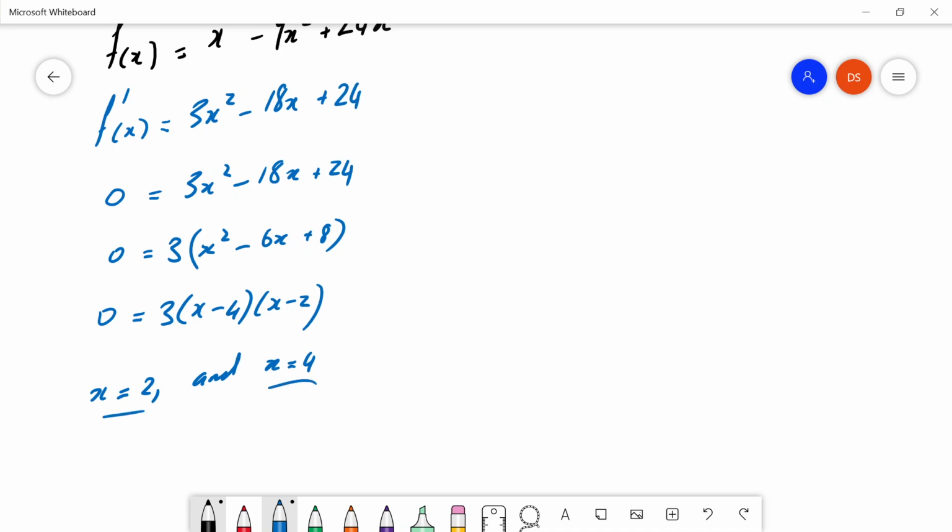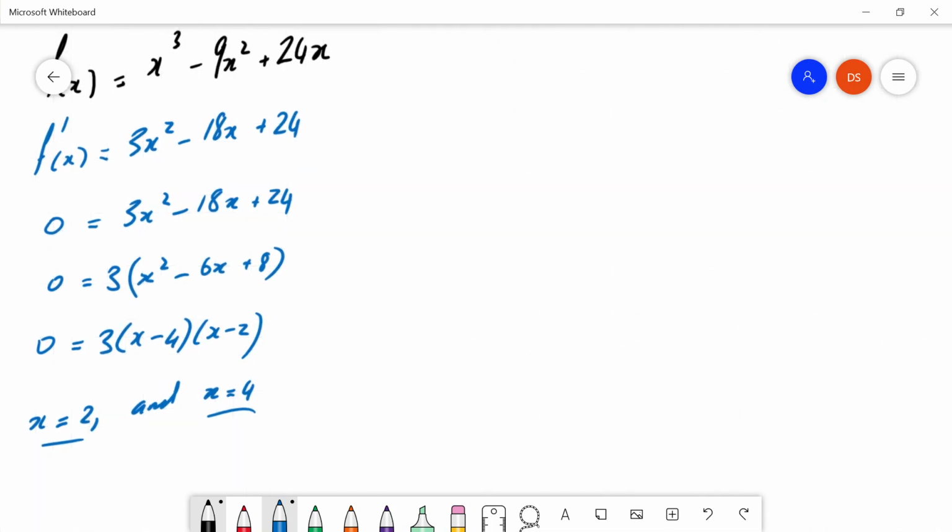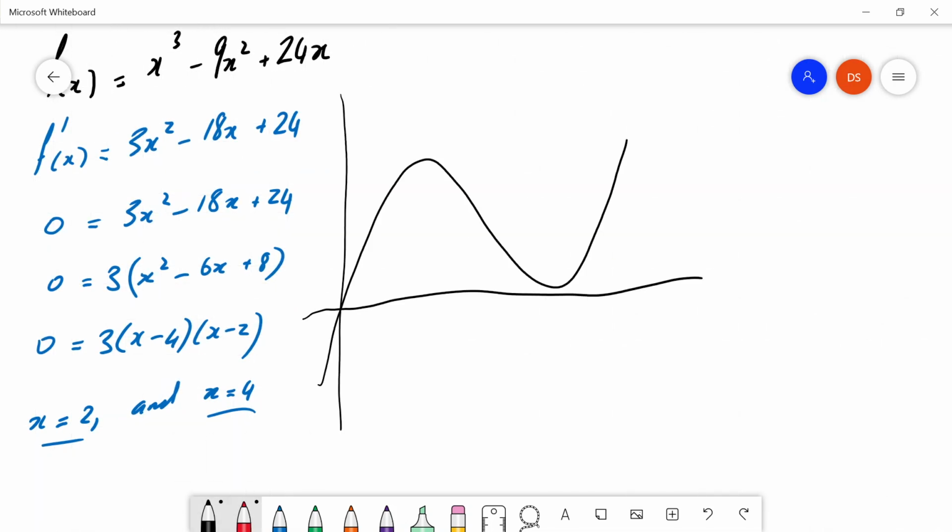These are two places where the gradient is equal to 0. So let me sketch what this might look like for you. Notice that at x equals 2 and x equals 4, we have turning points. And these are places where the gradient is 0.